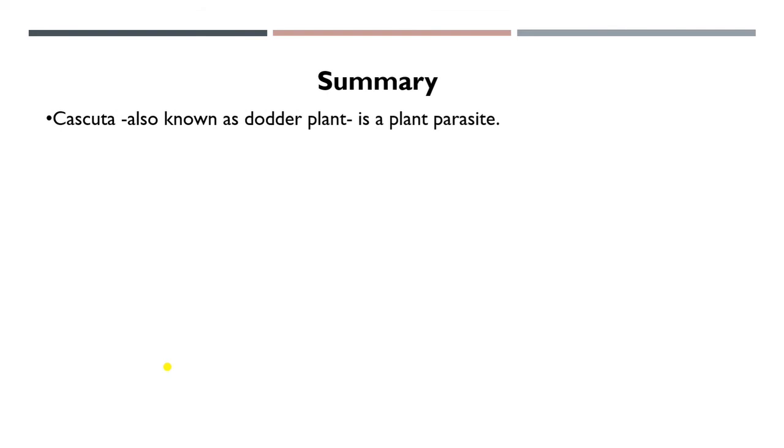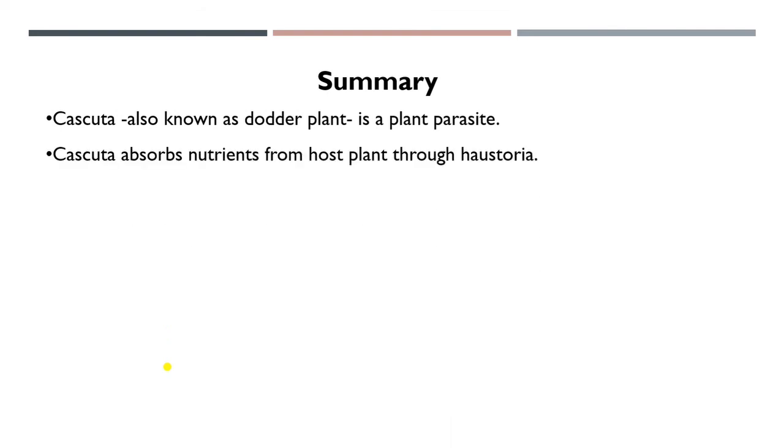Dodder or Cuscuta is a plant parasite which collects the food and water from the host plant with root-like structures called haustoria. Amoeba uses pseudopodia for collecting food substances.